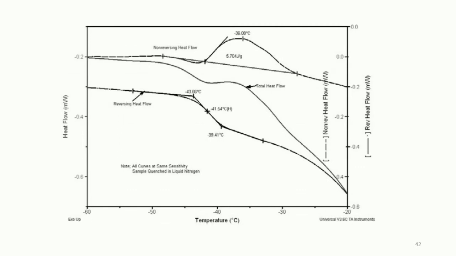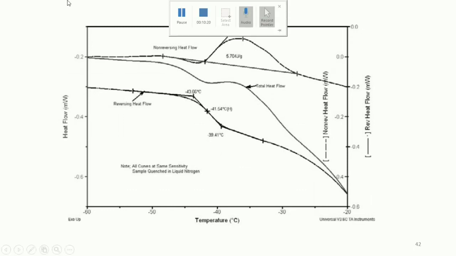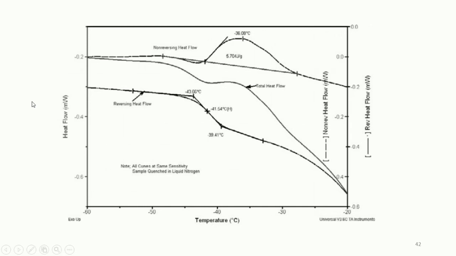In this diagram, we see the calculated signals from this modulated differential scanning calorimetry experiment. The total signal is very difficult to interpret because it is equivalent to standard differential scanning calorimetry at the same heating rate and contains two different transitions.